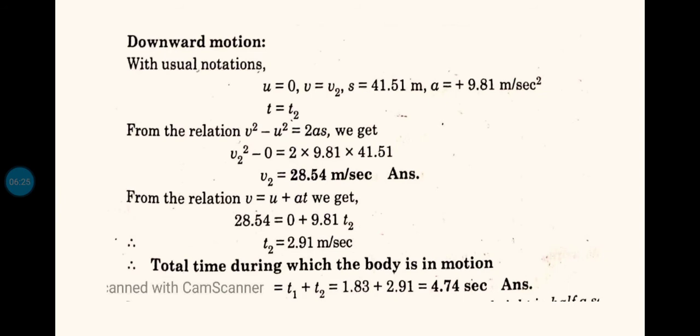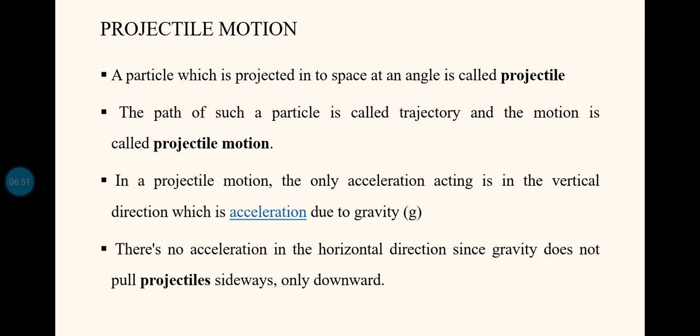And what you have to consider is, once the body is thrown upward, at the maximum point it will have a final velocity v, but if you are considering the downward motion, then the initial velocity u will become 0. At the same point, if the body is moving upward it has final velocity v, but if the body is considered as moving downward, the initial velocity u is equal to 0. That point you have to keep in mind.